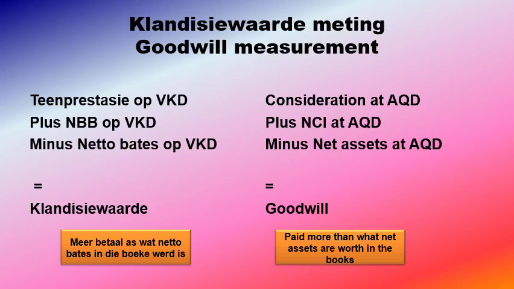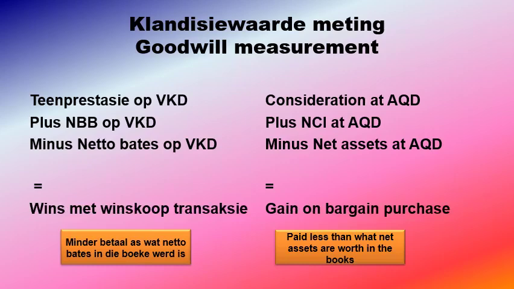Goodwill is calculated by saying the value of the consideration I paid at the acquisition date plus the non-controlling interest at acquisition date's value minus your net assets at acquisition date. Now remember we said net assets is assets less liabilities. And another name for that could also be equity. So that would give you goodwill. If you paid more than what it is worth, then you have an asset called goodwill.